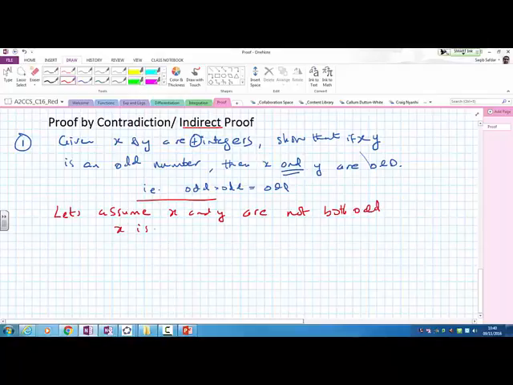So let's make x even, and therefore x equals 2m, where m is some integer. Now xy is going to be 2m times y, and we know 2my is even. So 2my is even, which is contrary to what is required.